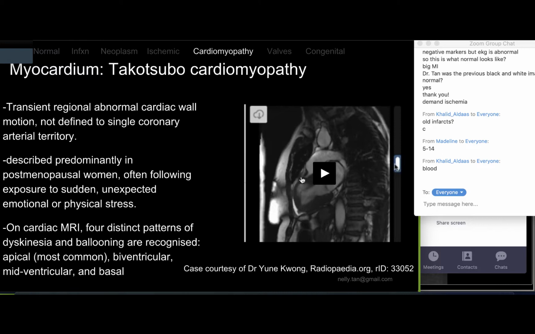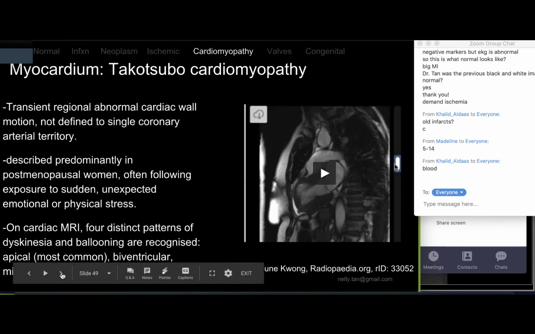So pristine coronary arteries, but it's really from stress, and it's transient. Once patients have recovered from their psychological stress, their heart returns to normal. But MRI can help with the diagnosis.